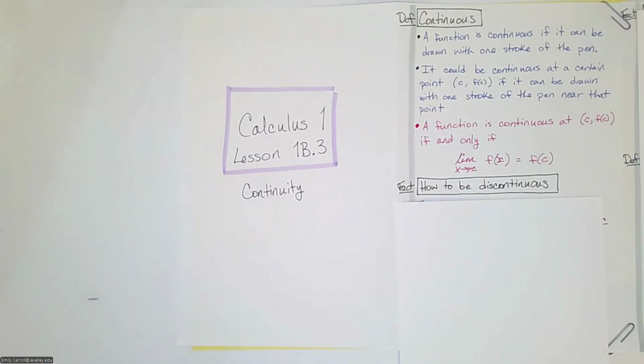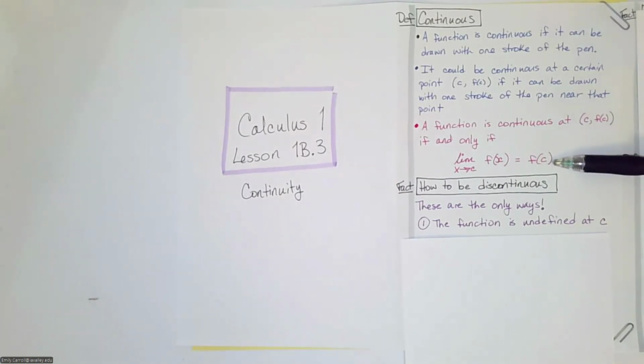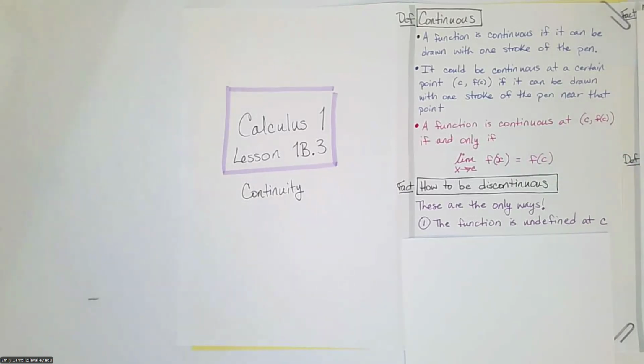So how can we be discontinuous? These are the only ways when you break it down. If you're not defined at c, then you can't be continuous there, because if you're not defined there, then f of c doesn't exist. If this doesn't exist, we can't state that it's equal to any particular thing.